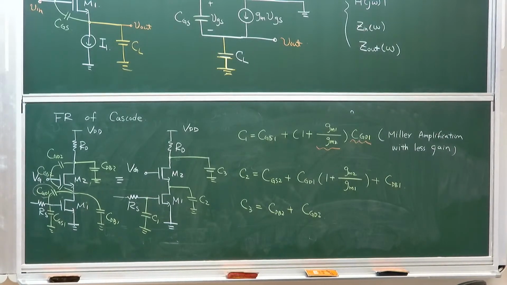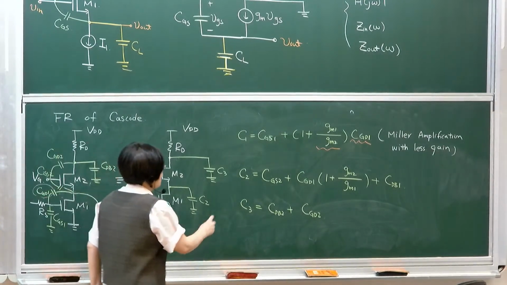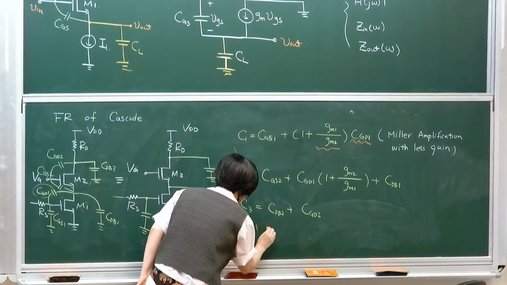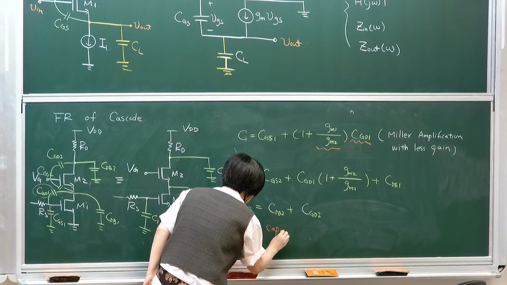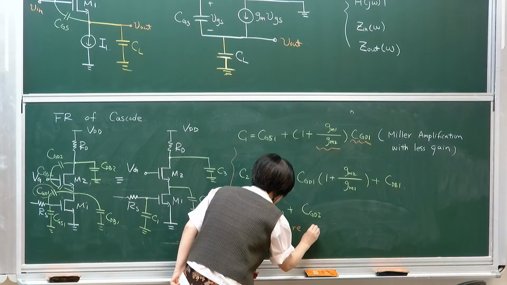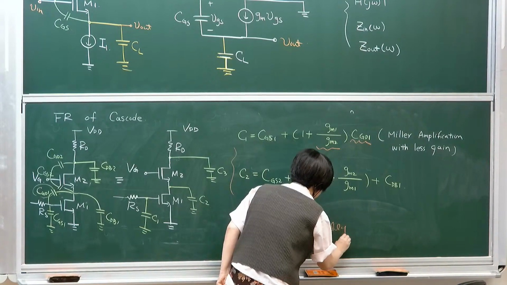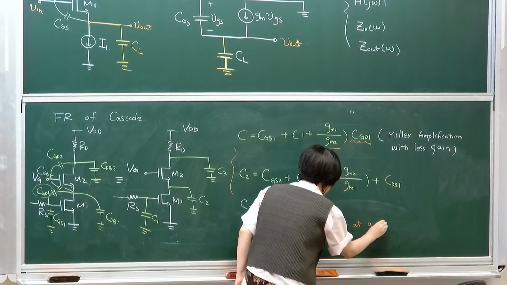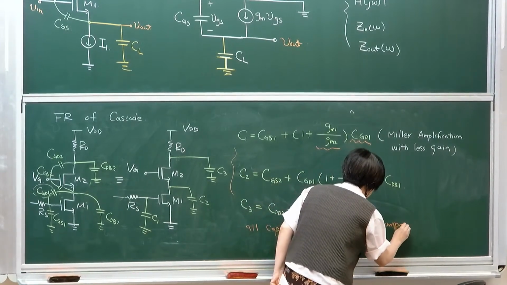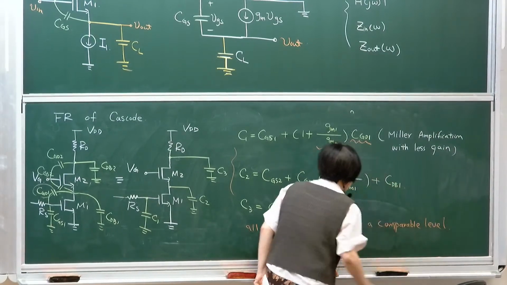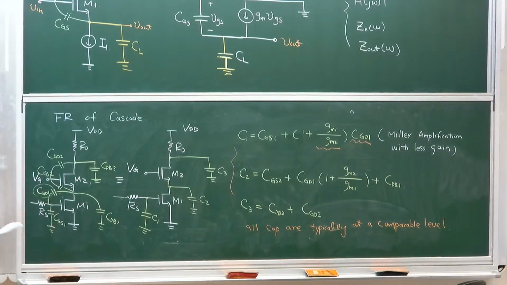Okay? So in a cascode structure, what will mainly happen is that all of the caps are typically at a comparable level, meaning that none of them range too far away.